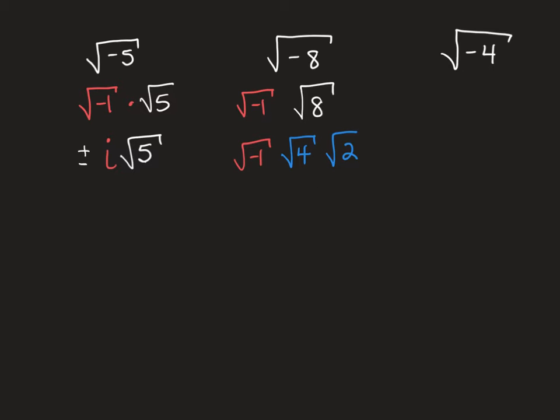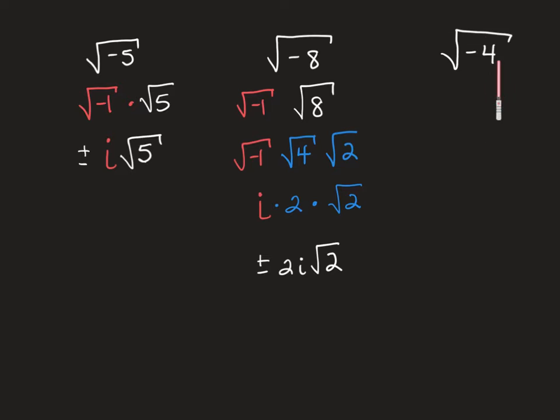So when I simplify this, I have i times 2 times the square root of 2. I wouldn't leave it like that. That's not in standard form. If I wanted to write it neatly, it would be 2i square root of 2. And again, plus or minus goes out front. So there's my i using my 8, and I simplified it down.